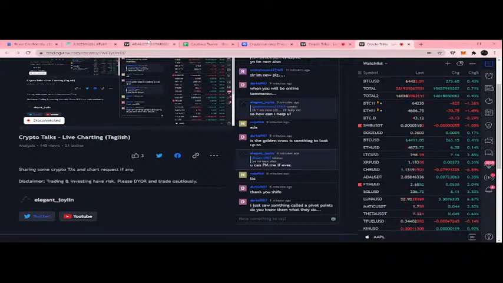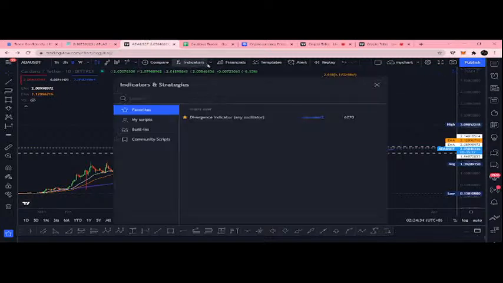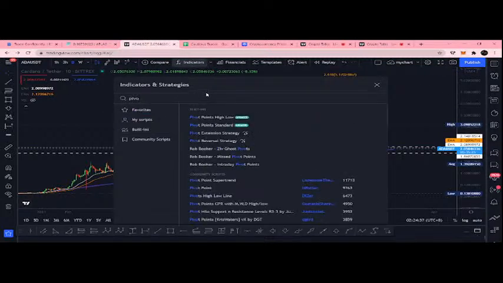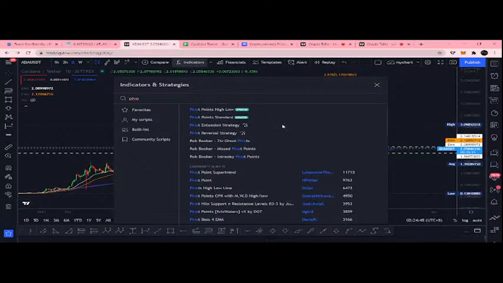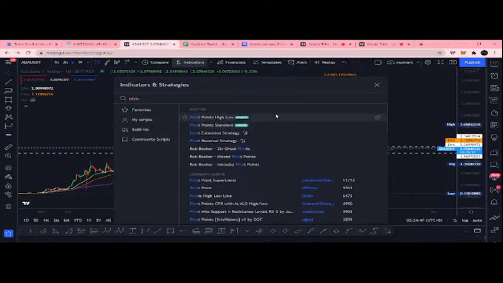I think there's a pivot indicator that you can add on, built in.